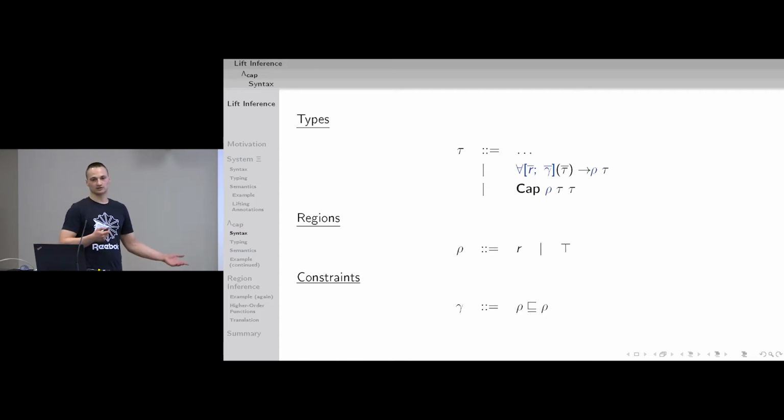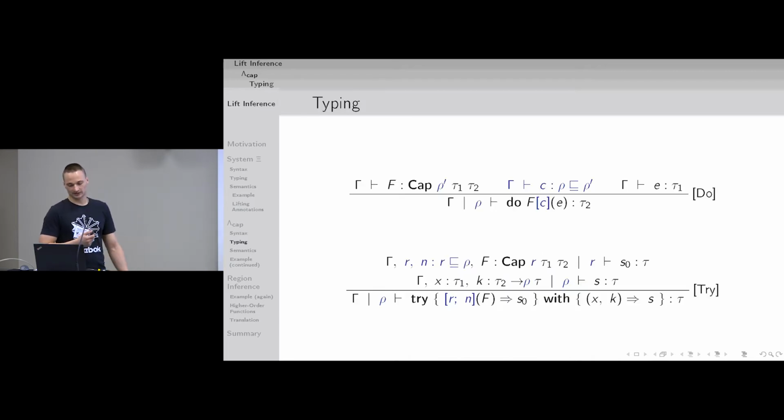So regions are either variables or the top-level region, and this gamma is the type for evidence, which is just constraints, or subregion constraints. Okay, I hope it becomes a bit clearer in the typing rules what that means.